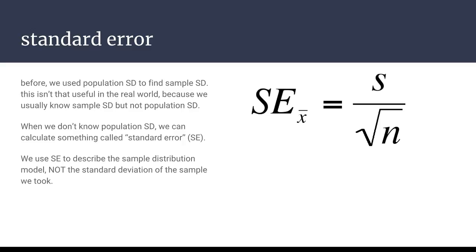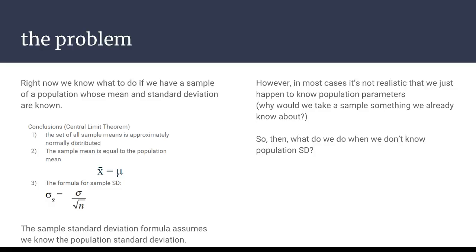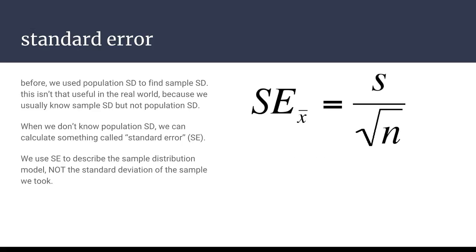Okay, so if we're using the t-distribution, we don't know sigma. So we cannot calculate sigma sub x bar, because the way we calculated the sampling distribution standard deviation is by using this formula. And since we don't have sigma, we can't find sigma sub x bar. So we can't really use the sample's standard deviation alone either, because the sampling standard deviation depends on how many samples you take.